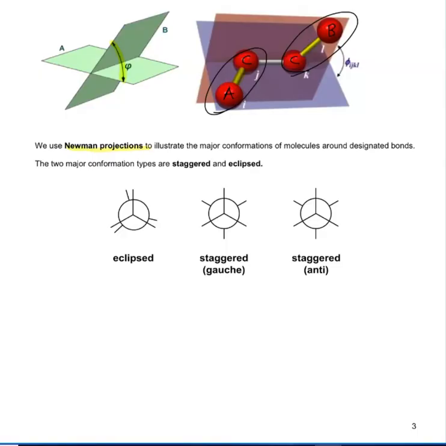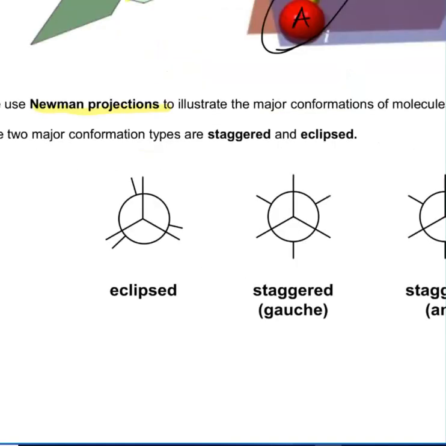So let's draw what we are talking about. Okay, so here's our eclipsed conformation. In a Newman projection, the front carbon is represented by this point right here.